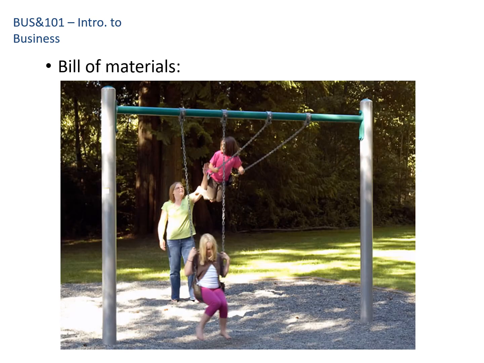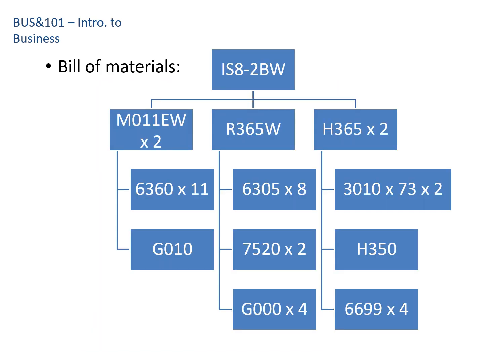An example here is a simple product my company used to make, this single bay 2 belt seat swing set with an 8-foot beam. That was an item a customer could order. That item was called an IS8 2BW. That's an inline swing, 8-foot beam, 2 belt seats, in the woodland color scheme.